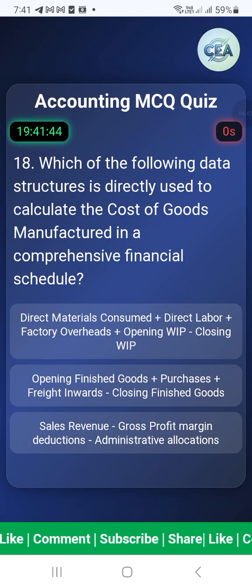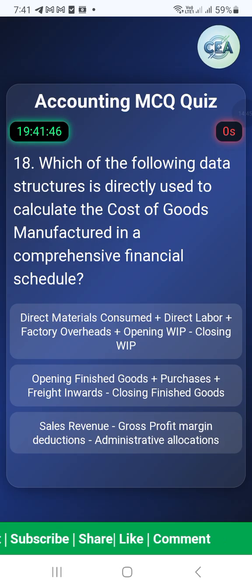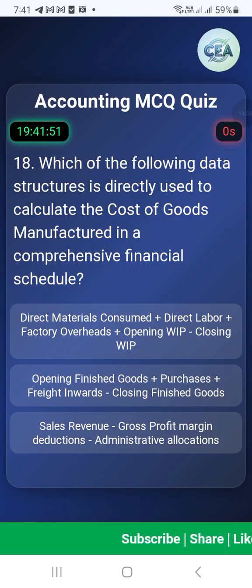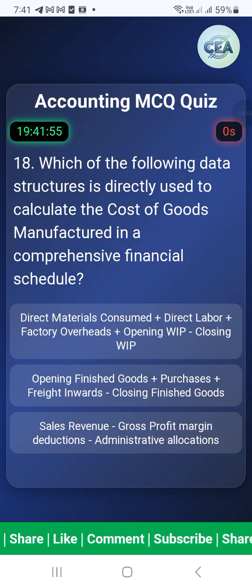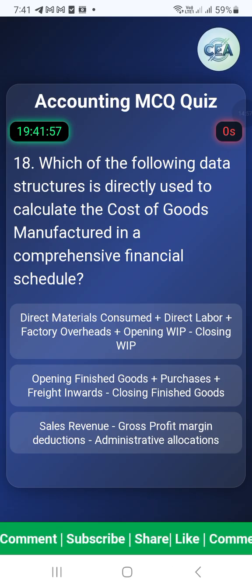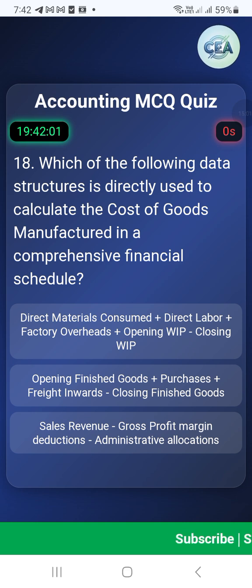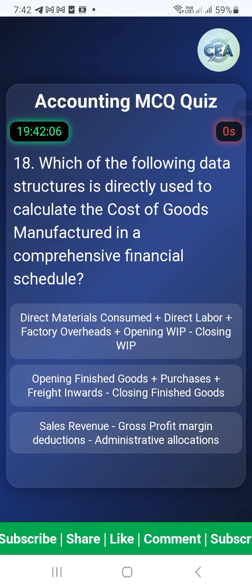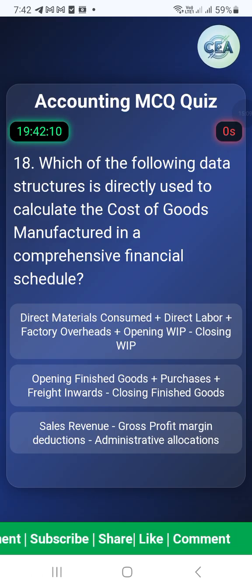18. Which of the following data structures is directly used to calculate the cost of goods manufactured in a comprehensive financial schedule? Option 1. Direct materials consumed plus direct labor plus factory overheads plus opening WIP, less closing WIP. Option 2. Opening finished goods plus purchases plus freight inwards, less closing finished goods.